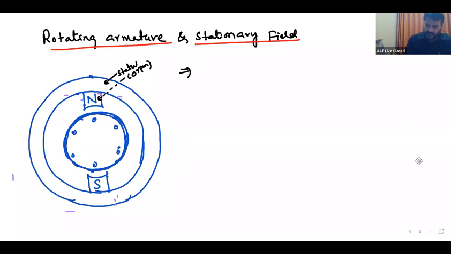The important thing is the main field MMF, under DC.